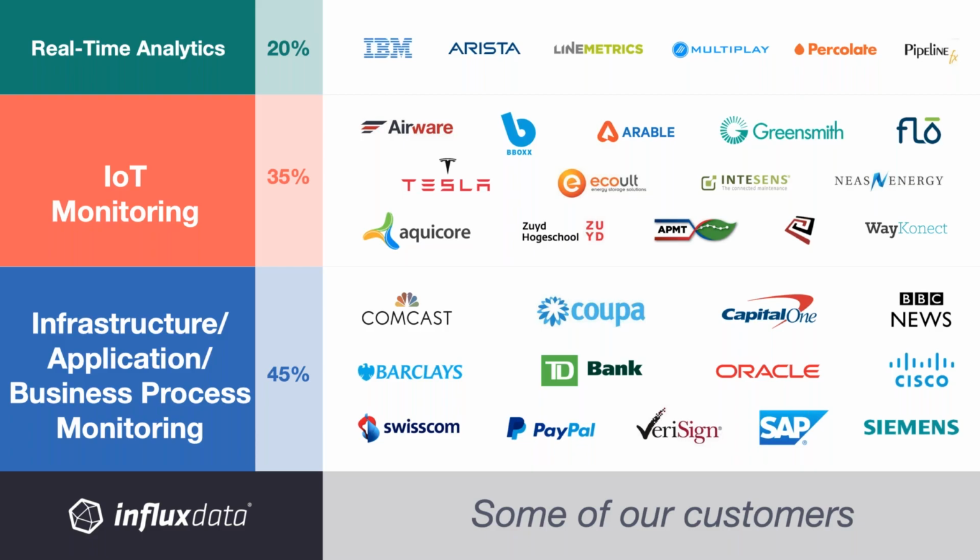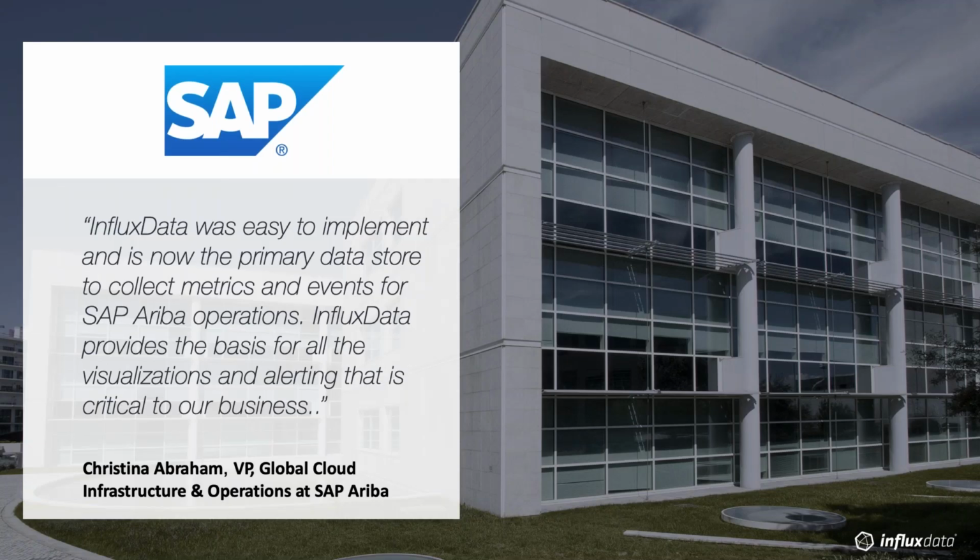All right. With the next slide, we go into some of the customer stories. SAP is using us for monitoring their SAP Ariba operations. If you're familiar with Ariba, you will know that Ariba is a platform that SAP sells to its customers. And obviously, when you're selling a platform, the platform uptime is extremely important.